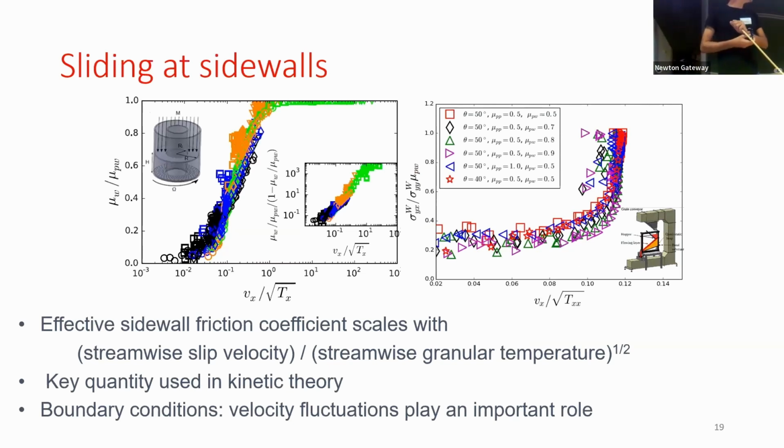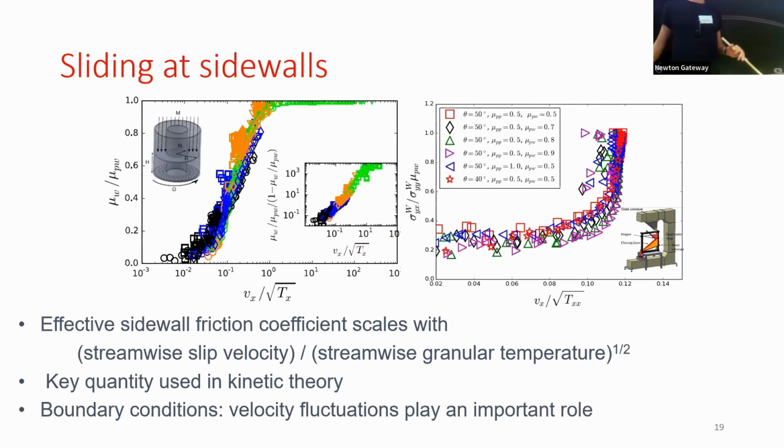We use this quantity because it is commonly used in kinetic theories when you want to describe granular flows. You have different approaches, and one of them is the kinetic theory, which uses the velocity divided by the square root of the temperature. So for the two geometries, we report the effective friction coefficient versus this quantity.